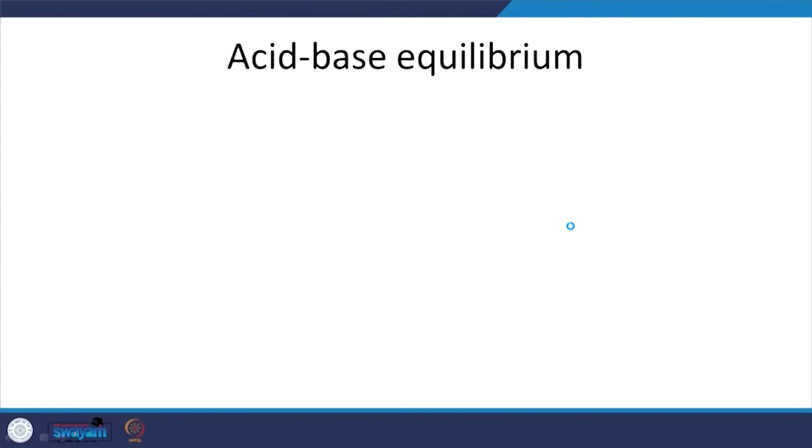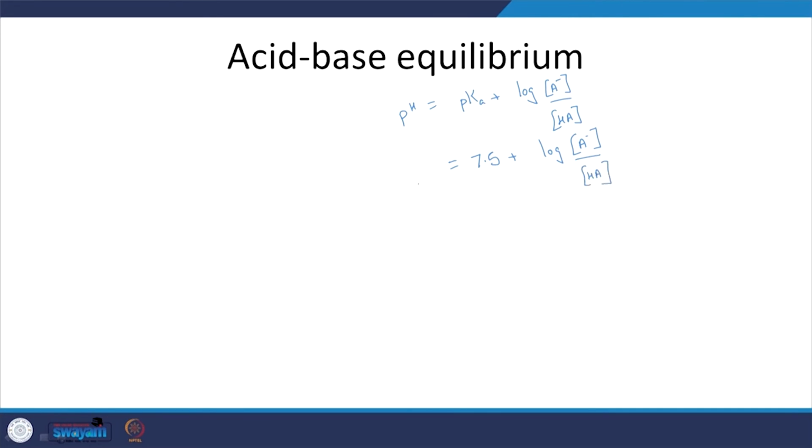Acid base equilibrium, I guess we just covered most of that aspect. Another aspect to consider is that pH is equal to pKa plus log of the deprotonated form by the protonated form, right. I know that the pKa for my system is 7.5, and it is A minus by HA.